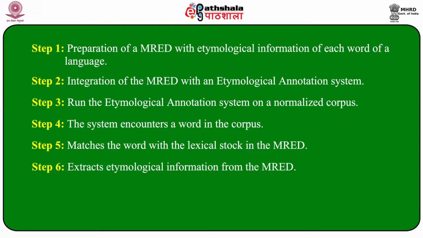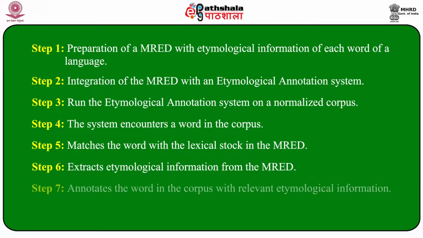Stage three was to run the entire etymological annotation scheme or program on a normalized Bangla text corpus. Then the system encounters words in a corpus. First, it matches the word with the lexical stocks already developed in the machine readable etymological dictionary.